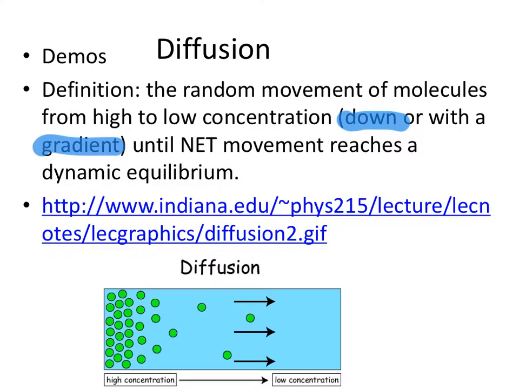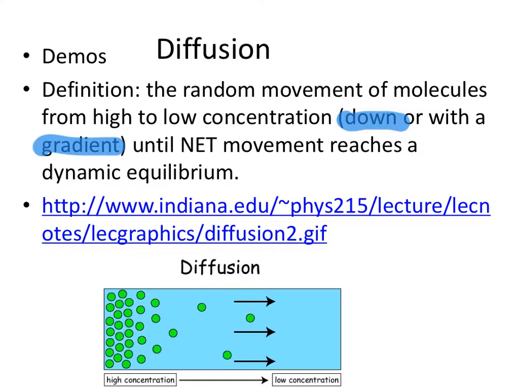And if you want to Google, you can find a lot of illustrations or animations that show how the molecules diffuse. So these green molecules here would eventually be all spread out throughout the room, or whatever the blue is, the water.